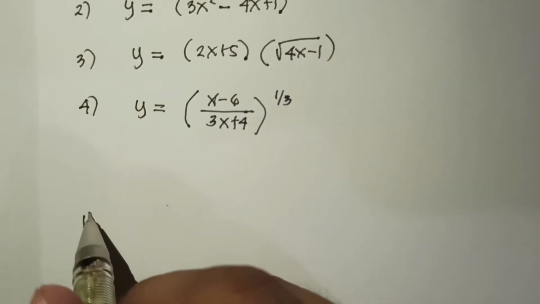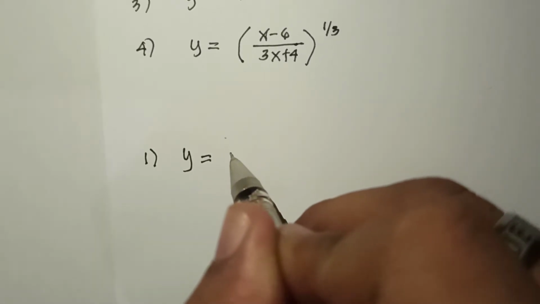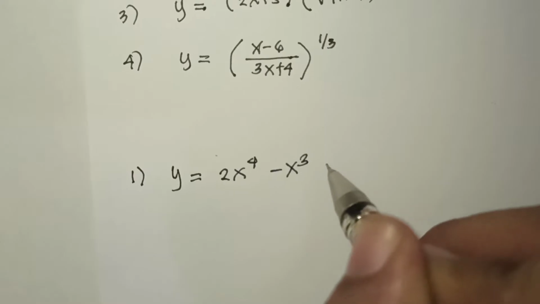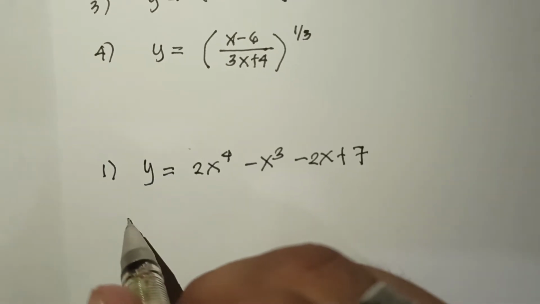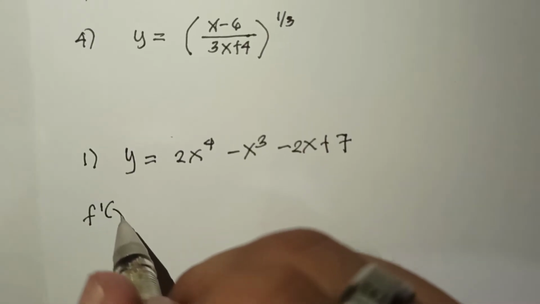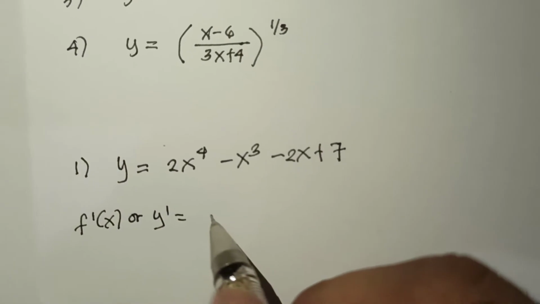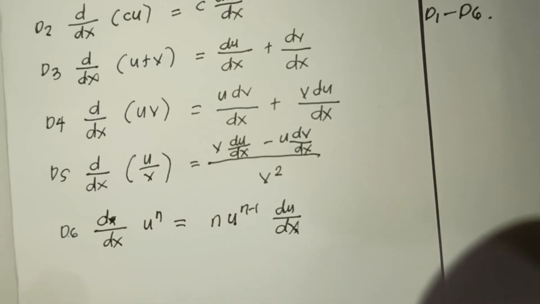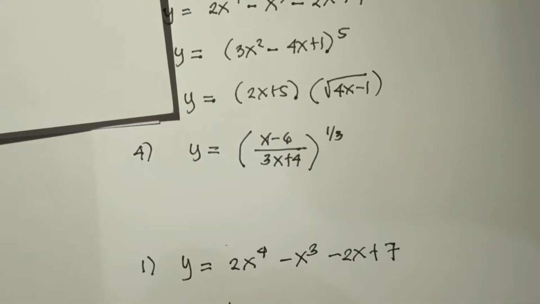In number 1, y is equal to 2x raised to 4 minus x cubed minus 2x plus 7. So f prime of x or y prime is equal to, first, by the use of this concept, which is D6, the power, so ating i-apply ang power nito.